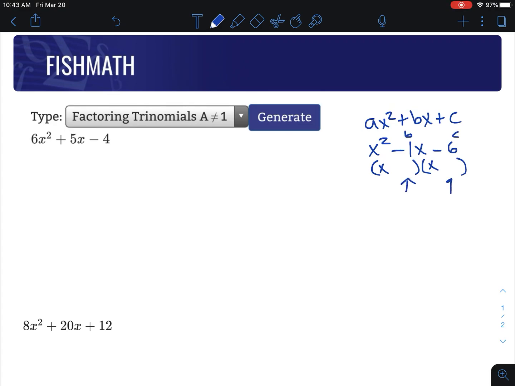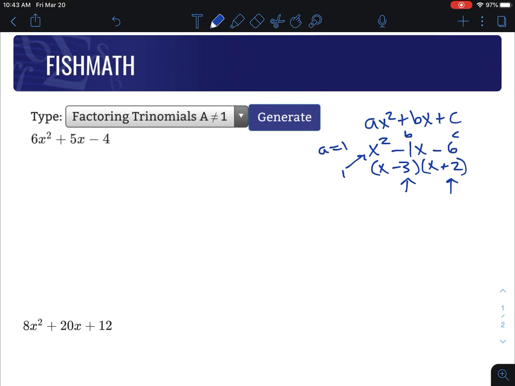We look for two numbers that multiply to negative 6 that would add to a negative 1, which is where we would get a negative 3 and a plus 2. Because negative 3 times 2 is negative 6. Negative 3 plus 2 is negative 1. So that's how we factor it if a equals 1. Because the number in front of x squared here would really be a 1.